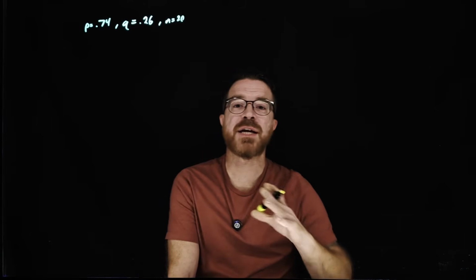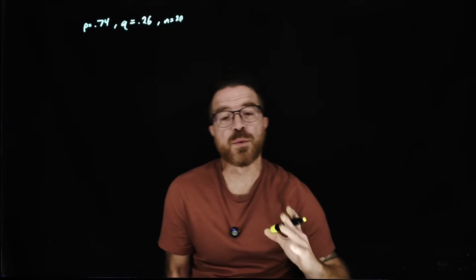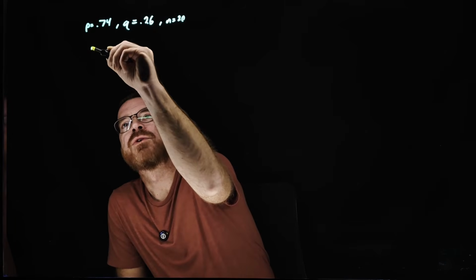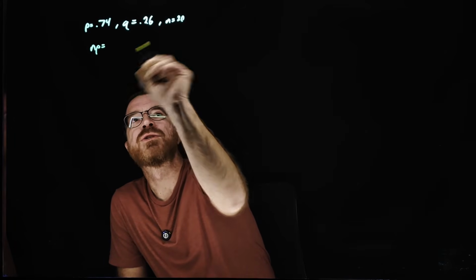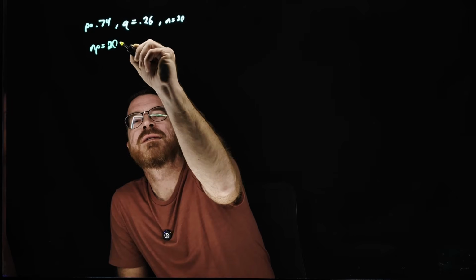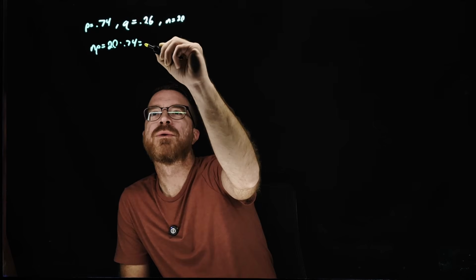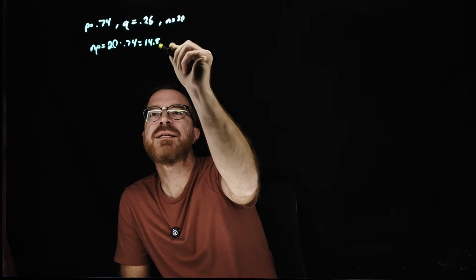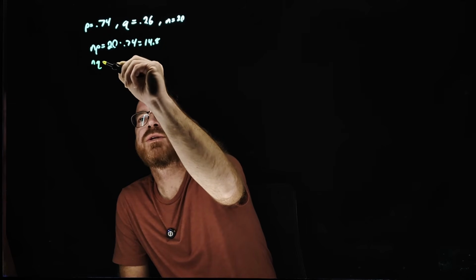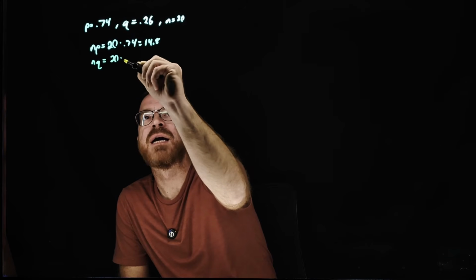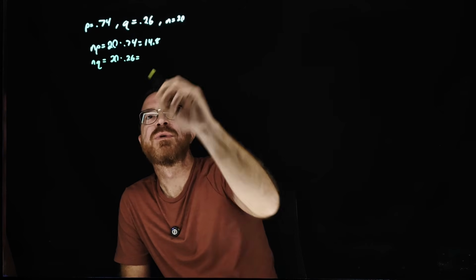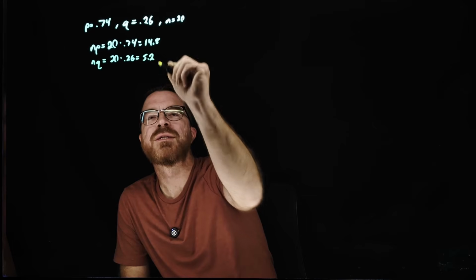And first thing we need to check is whether we can even use a normal approximation for this. So we're first going to do n times p, which is going to be 20 times 0.74, which is going to give me a total of 14.8. And then we have nq, which is going to be 20 times 0.26, which is going to be 5.2, right?